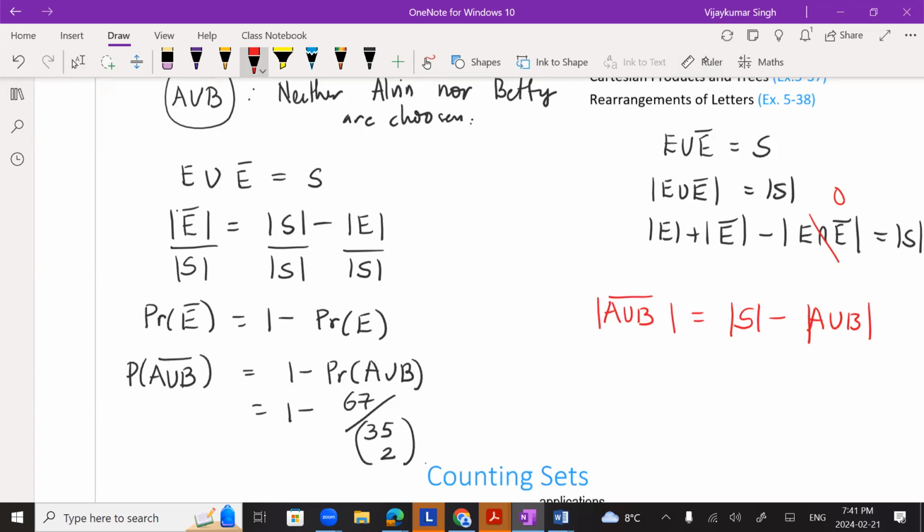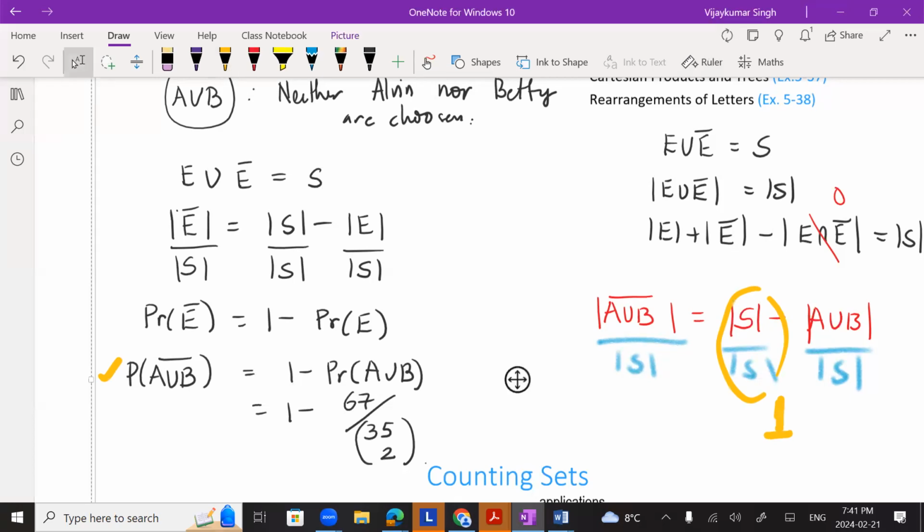Okay, now let's divide by S. Let me change the color so that you know the next step is dividing by S, dividing by S, dividing by S. And this will simply become what? This part becomes 1, right? Which will give you the same result as we got here. So the idea is the probability of A plus the probability of A complement is 1. Yeah, A, B, any event.